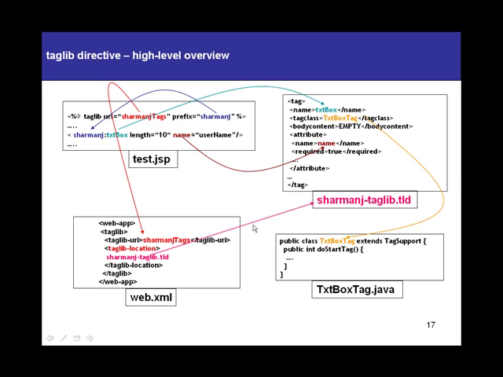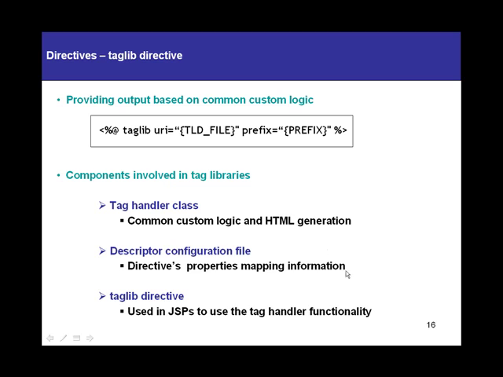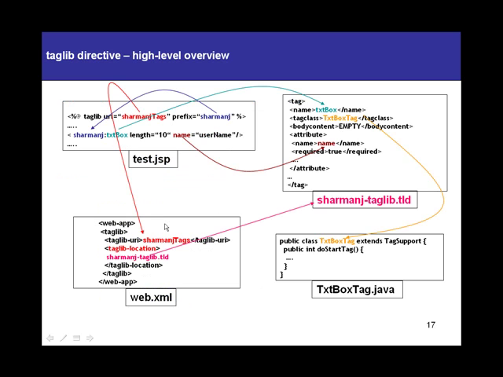Okay. So my custom logic for the text box representation goes in the text box tag, which is nothing but the tag handler class we discussed, right? And let's say that I have that logic in this particular class. Okay.